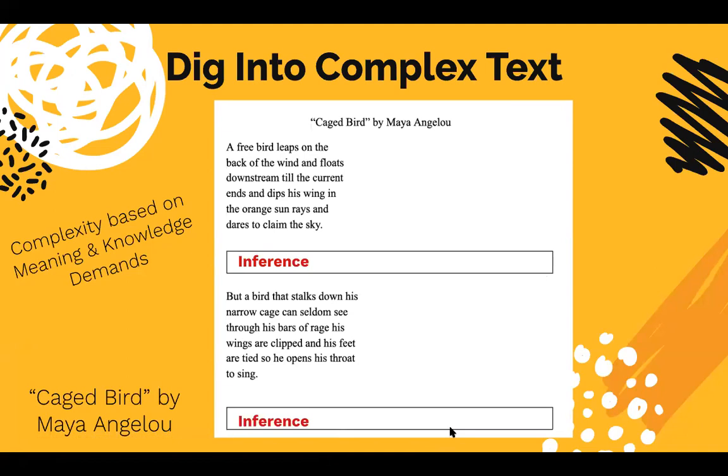Of course, after each inference and reading each stanza, I would then have them take a look at all the inferences that they have created and draw a conclusion about the central message of this particular poem.